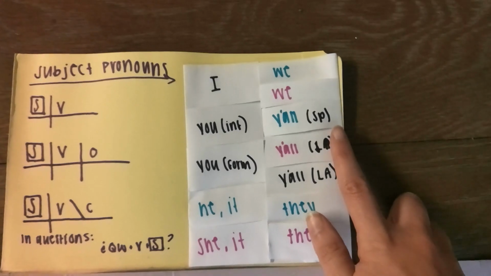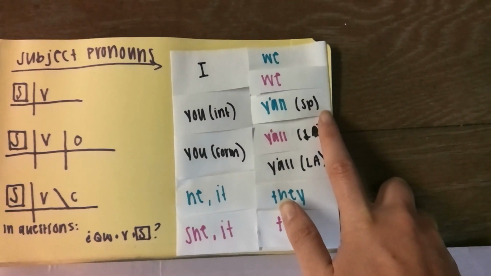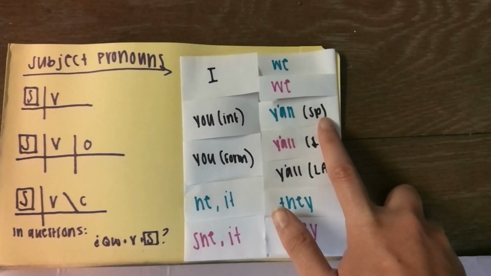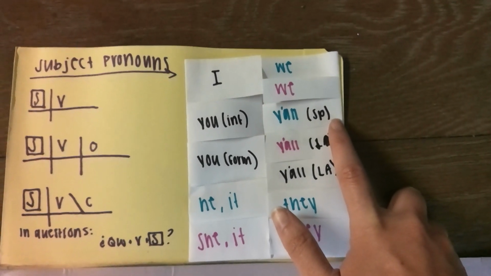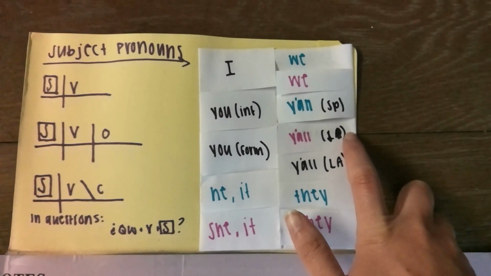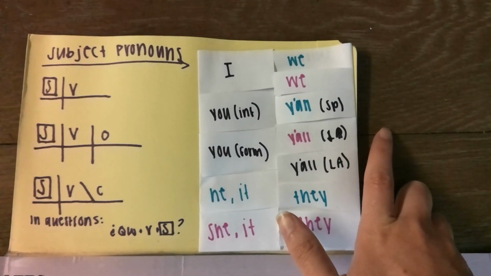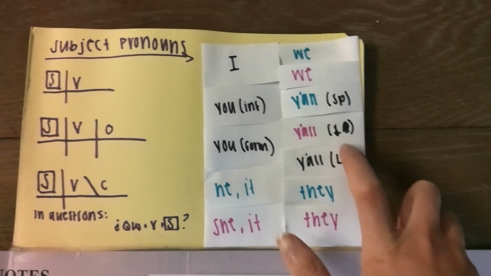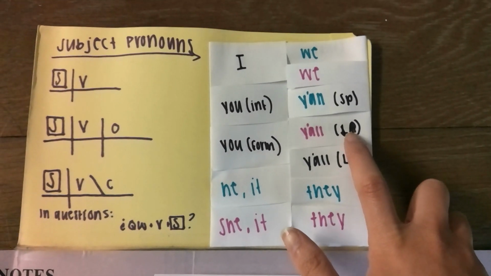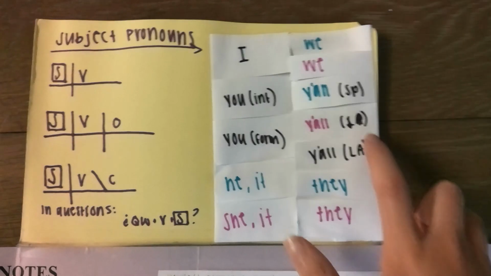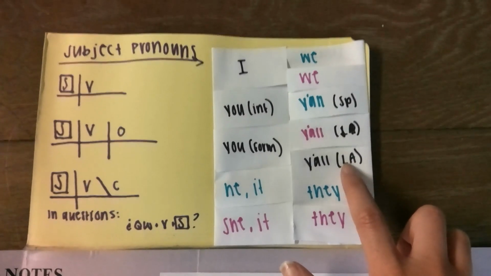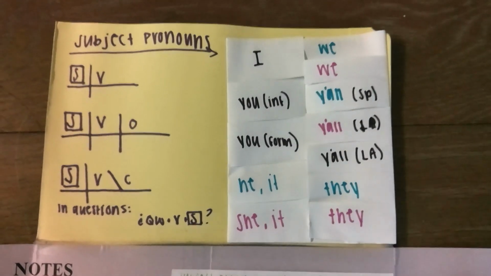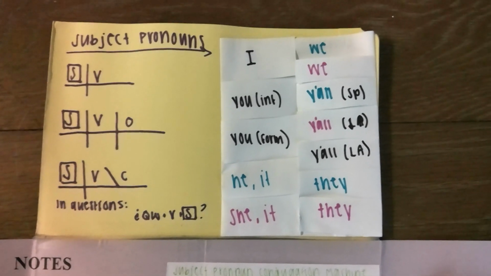And then on this side, SP stands for Spain because this is the you all, the you plural that is used in Spain. And this is the you all plural used in, actually this also says Spain. It's a little hard to read. But this is Latin America, LA for Latin America, so this is the y'all that we use in Latin America.